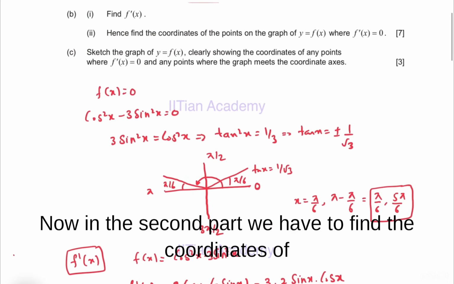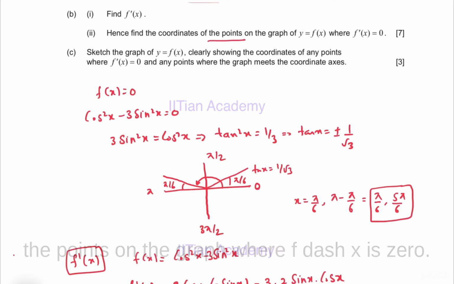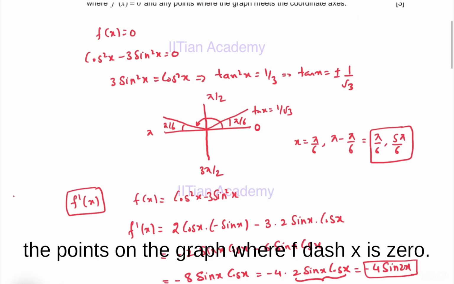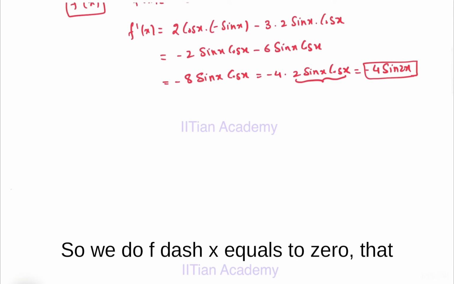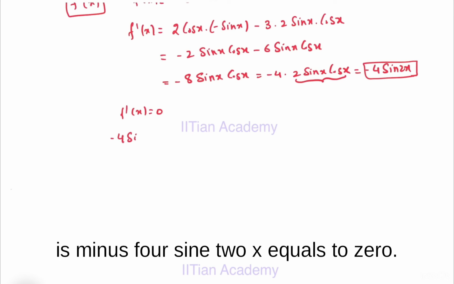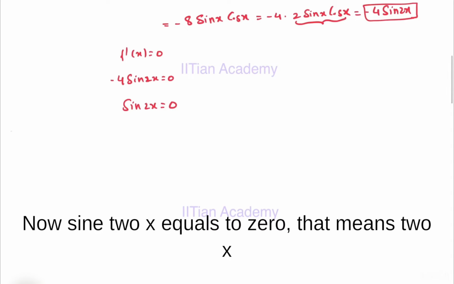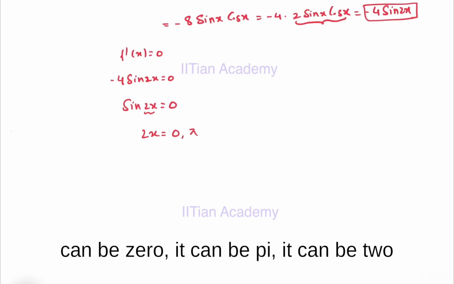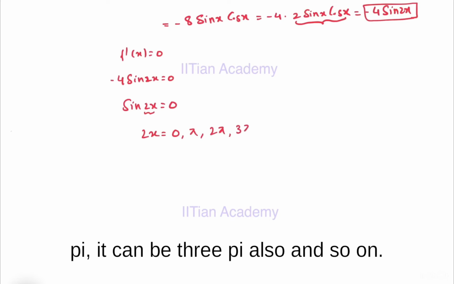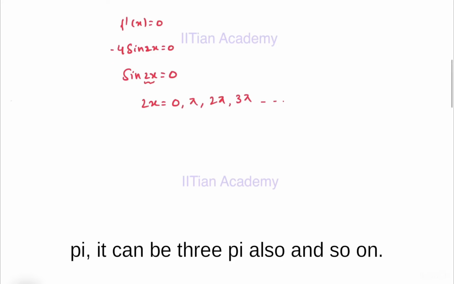Now in the second part we have to find the coordinates of the points on the graph where f dash x is 0. So we set f dash x equals 0, that is minus 4 sin 2x equals 0. So we have to solve it for sin 2x equals 0. Now sin 2x equals 0, that means 2x can be 0, it can be pi, it can be 2 pi, it can be 3 pi also, and so on.